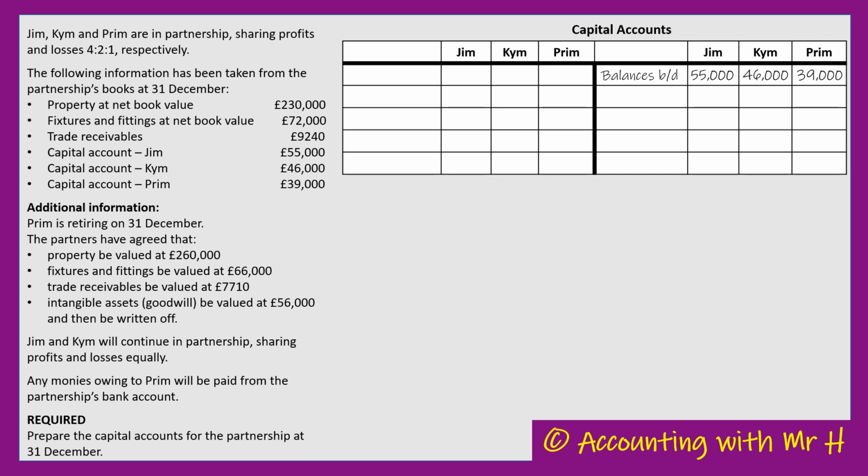But they've now agreed on Prim's retirement, they've reassessed it, if you like, and they've agreed that actually the property should be valued at 260,000. So what we're going to look at, and I'm going to explain in more detail, is why that might have happened and then how we deal with it. And this is known as a revaluation. So I'm going to need quite a bit of working for this bit and another T account. So let me get this set up.